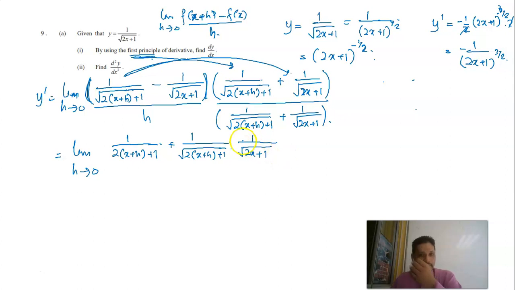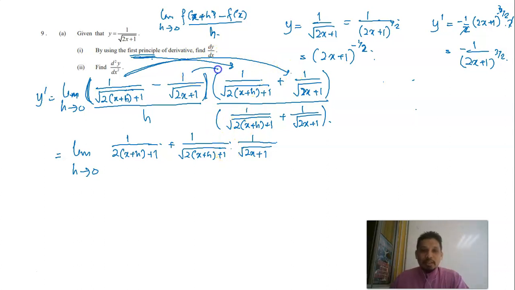The first part is between the square root of 2x plus h plus 1 and 1 over the same, so we cancel the square root sign.